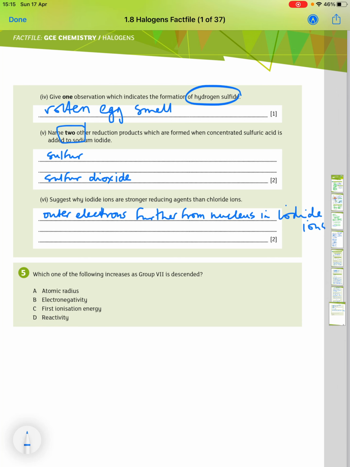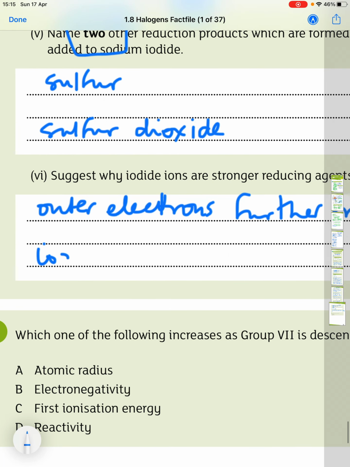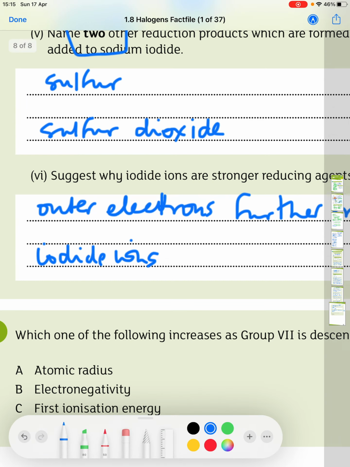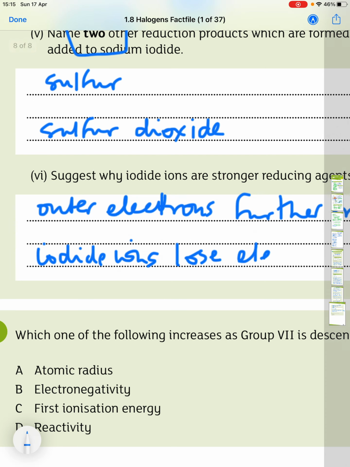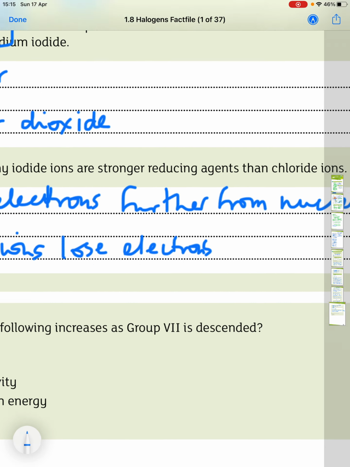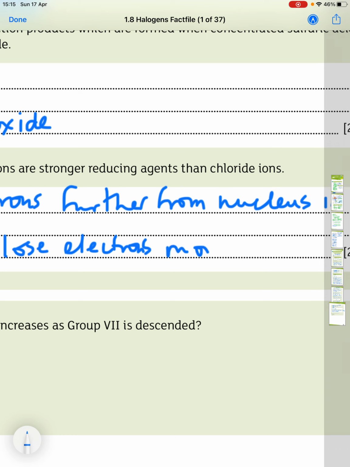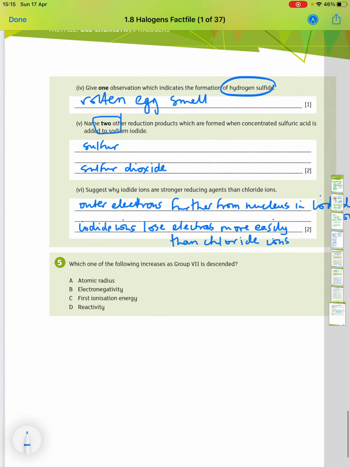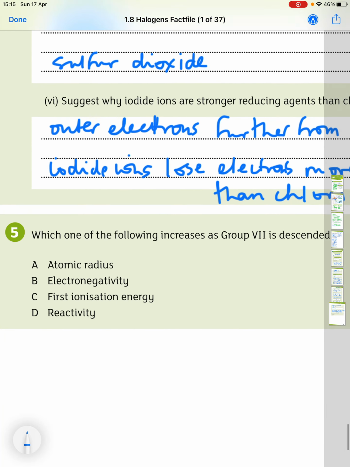So the outer electrons are further from the nucleus than in the chloride ions. So iodide ions lose electrons more easily than the chloride ions.